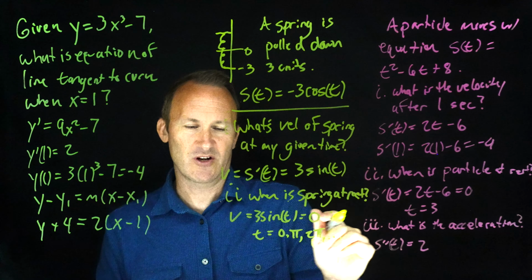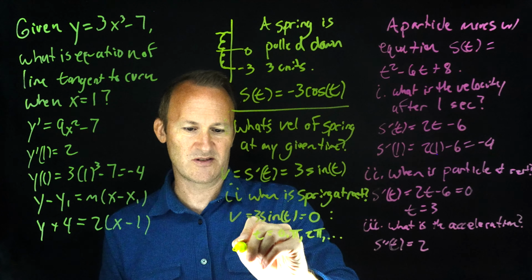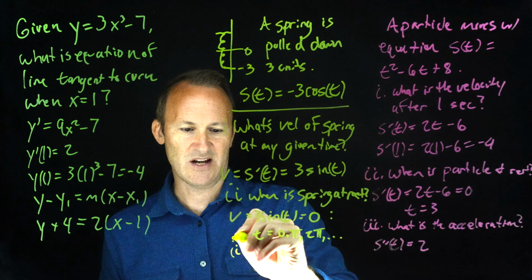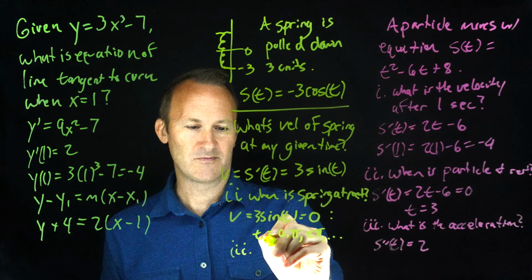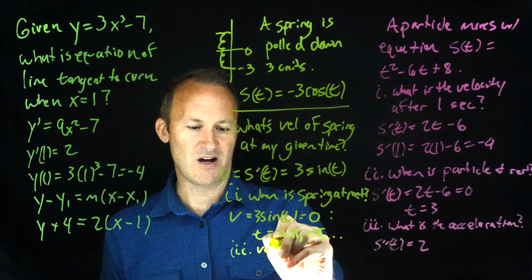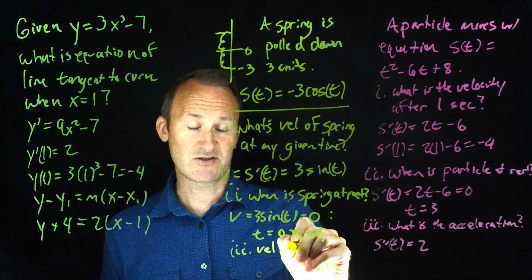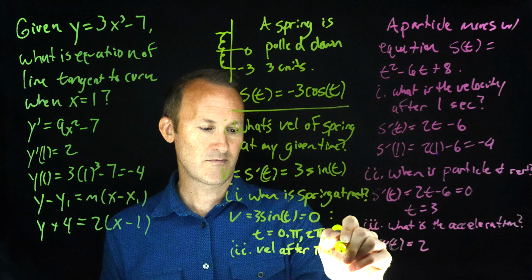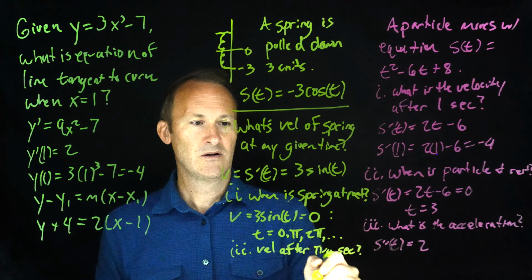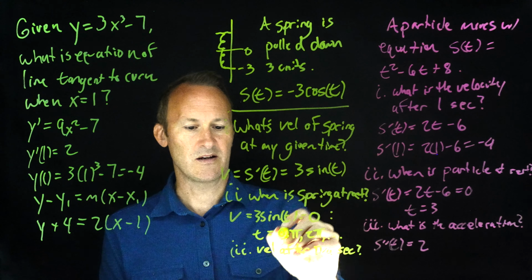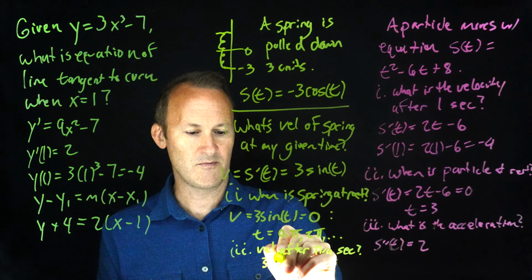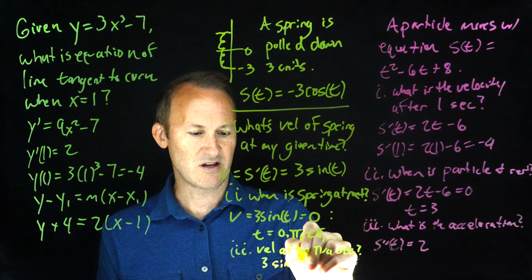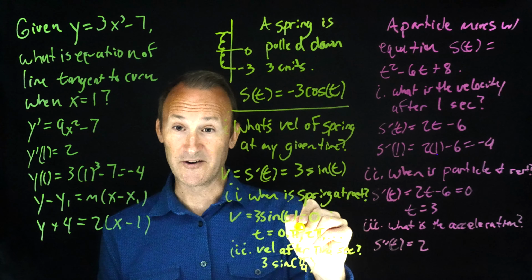Let's just get a little trig practice in. So again, what's the speed after pi over 4 seconds? Say the velocity. Speed is just the absolute value of velocity. Velocity after pi over 4 seconds. Well, you just plug it in, right? We've already got it. It's 3 sine pi over 4. The emphasis here is that you need to know the sine of pi over 4.